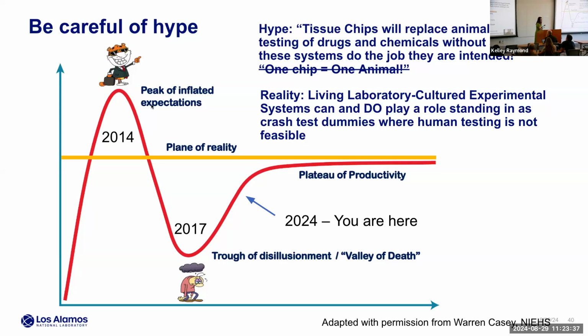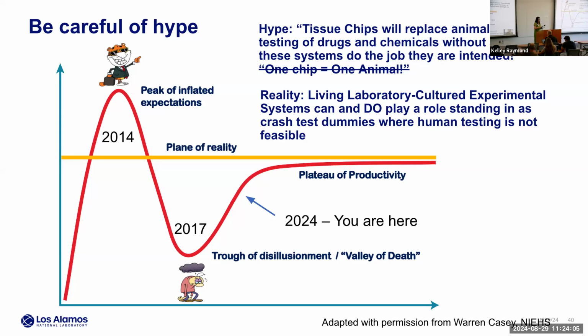There was a time when everybody said, oh, well, you know, tissue chips, they're going to do everything. And then we got this sort of trough of disillusionment from regulatory bodies like the FDA, who said, well, hold up. We have rules here. And we also have specific tests that you need to replace.